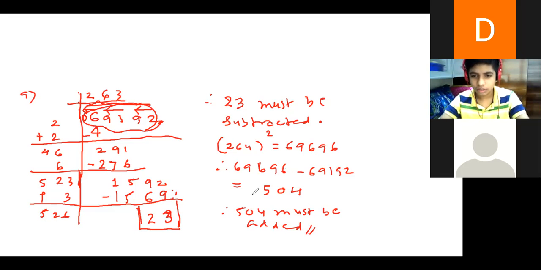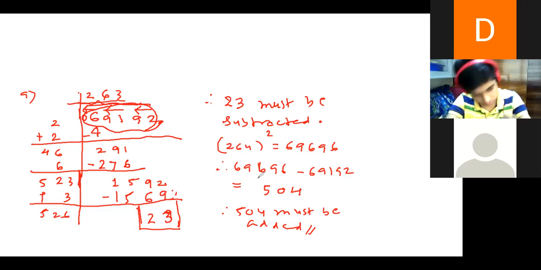Don't be in haste. The first part we got: if that 23 balance is removed, it will become a perfect square. Then second, what you should add so that it will become a perfect square. So 263 is coming not as a perfect square, it is coming with remainder.